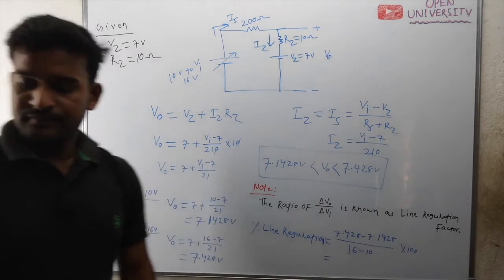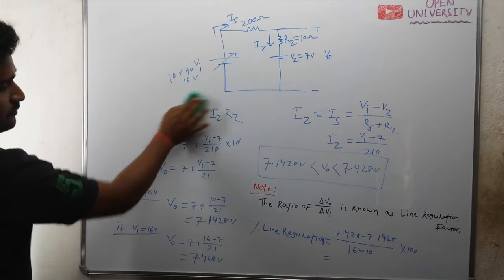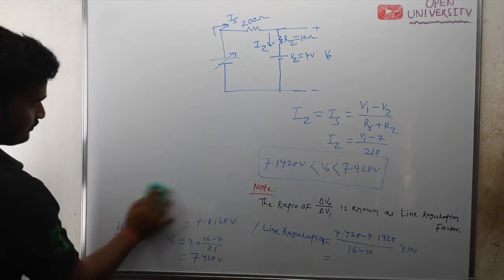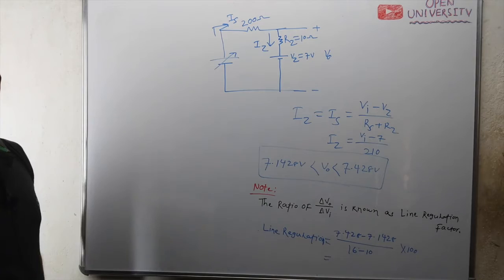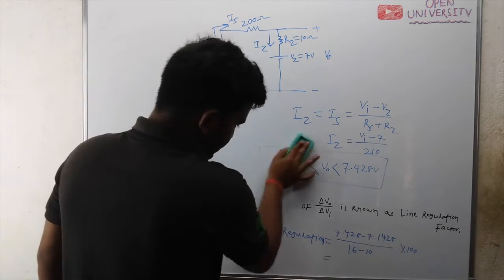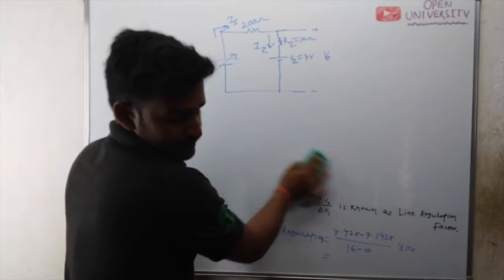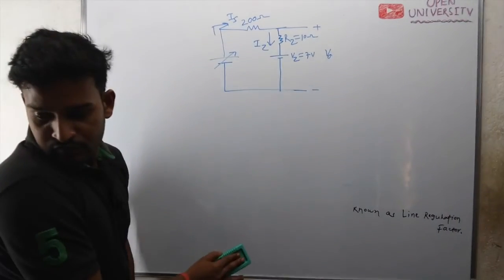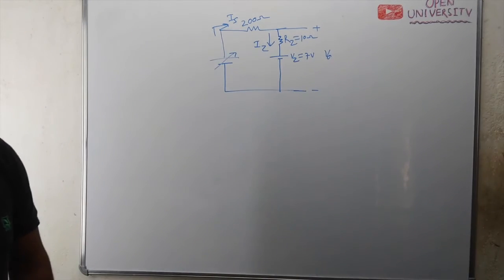Write down the next question. In the circuit shown, the Zener diode has breakdown voltage VZ equal to 3.3 volt and RZ equal to 100 ohm.